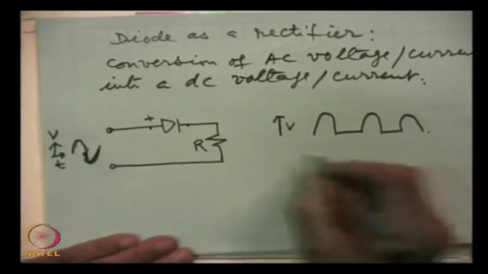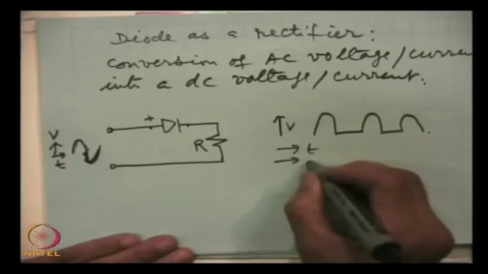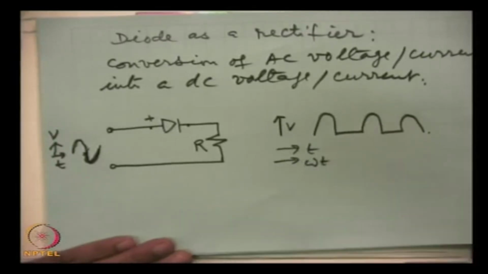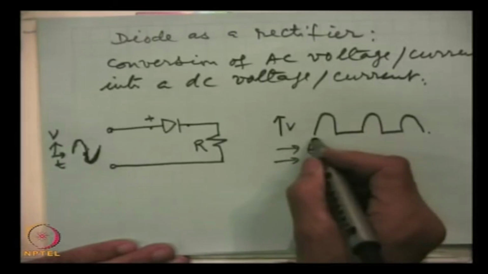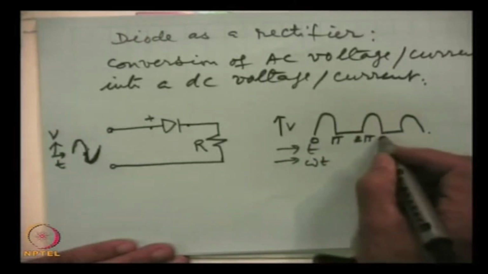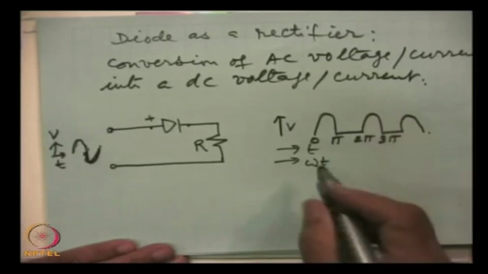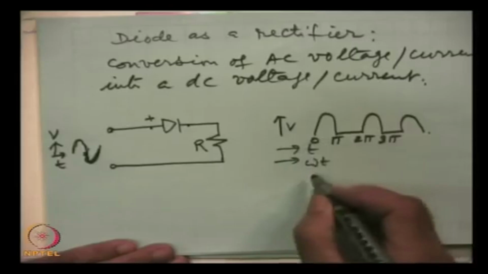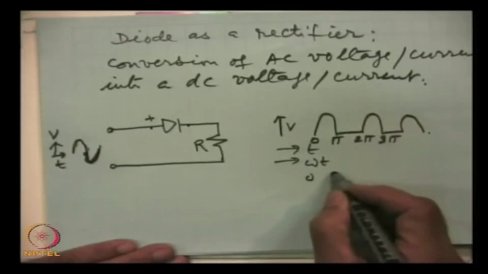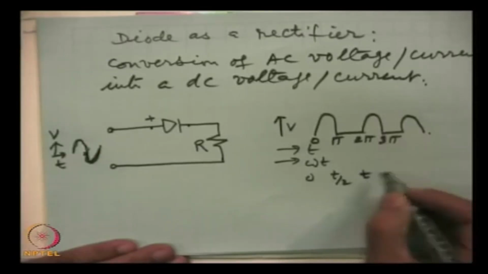This is time, or many times we plot omega t in terms of angle. So, this is 0, pi, 2 pi, 3 pi and so on, or in terms of time, this point will be 0, here T by 2 and here it will be T and so on.